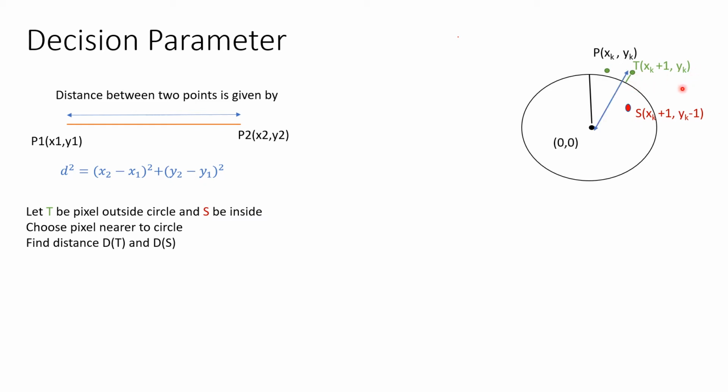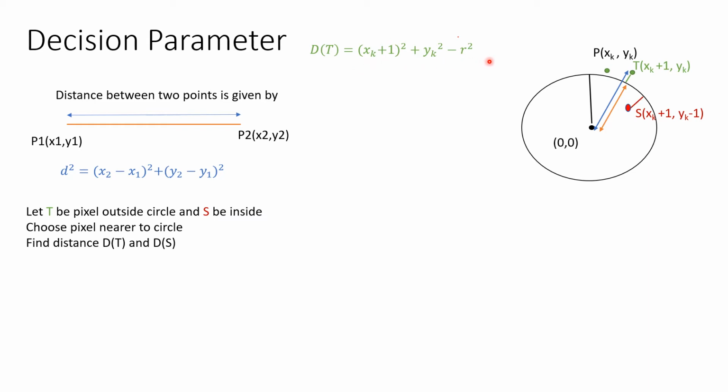One is the squared distance between 0, 0 and t, obtained by the distance equation where we substitute x1, y1 as 0, 0 and x2, y2 as the coordinates of t. From this we subtract r square. This is a squared quantity; we are not taking the square root. So we get one value as dt.